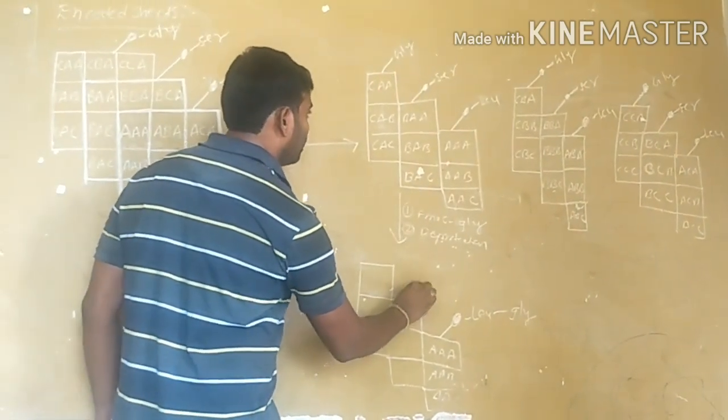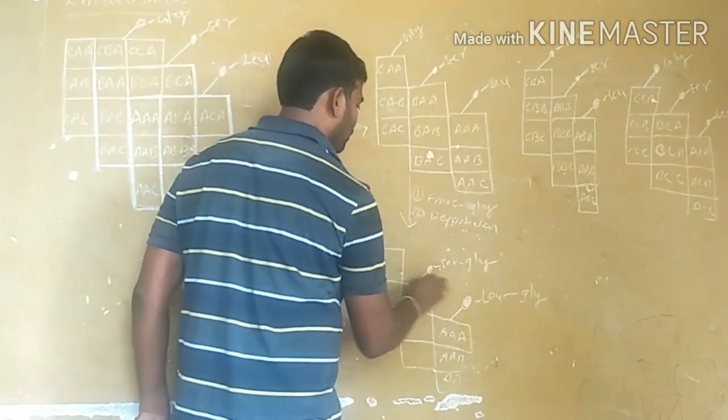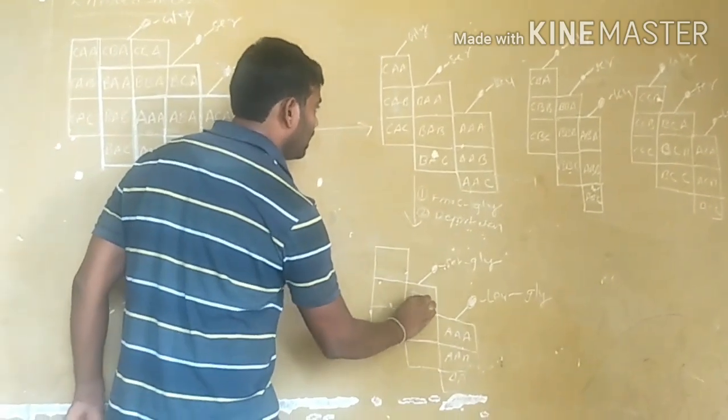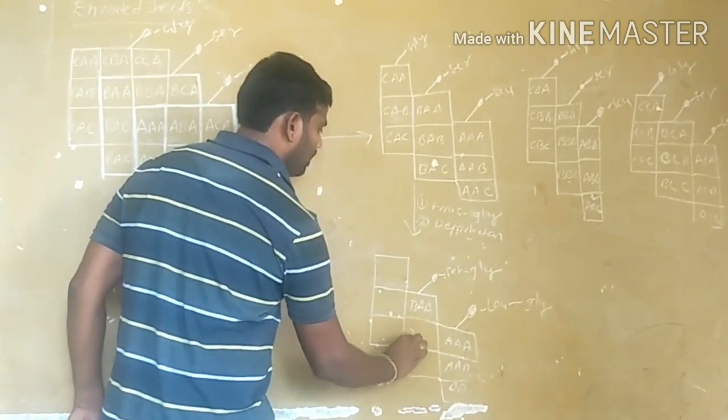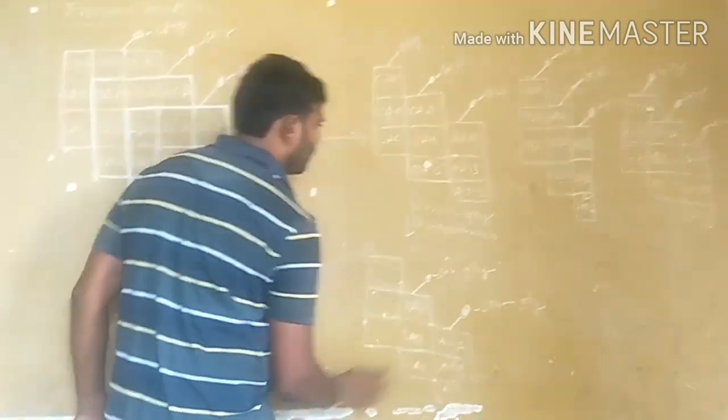In the next, here we are getting serine glycine. The second one is BAA, BAB, BAC.